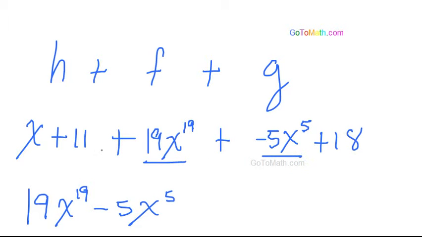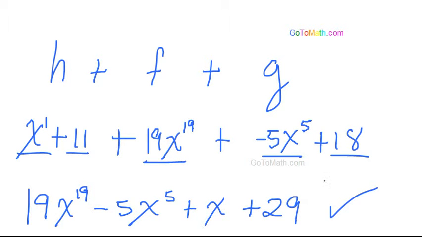Then the next one is x, to the 1st power. And then we've got our constants: 11 plus 18, and that's 29. Plus 29. Boom! There you go.